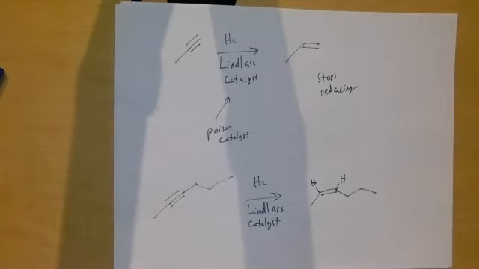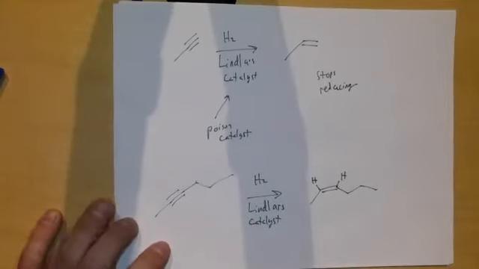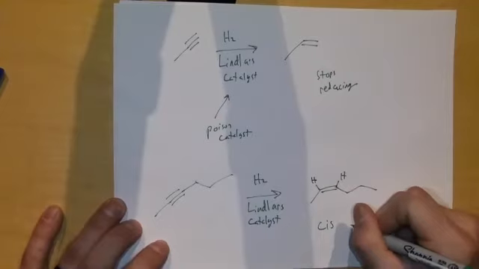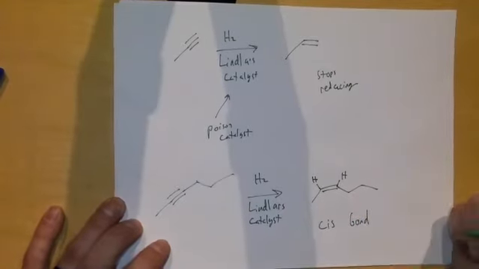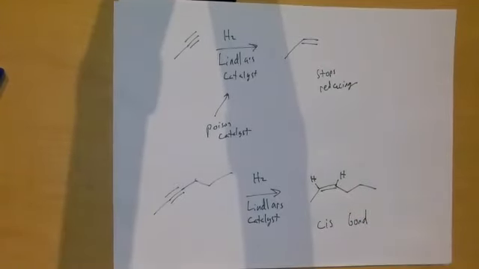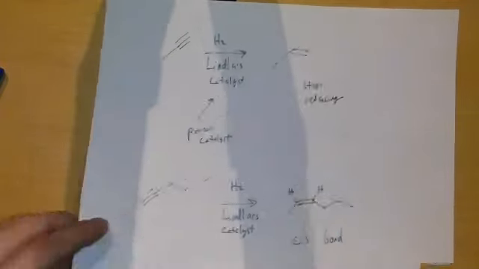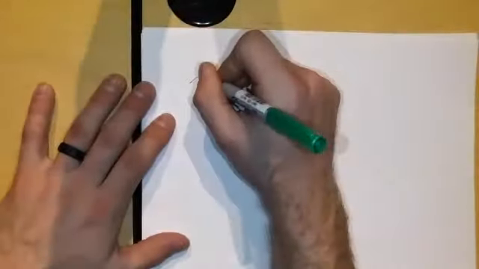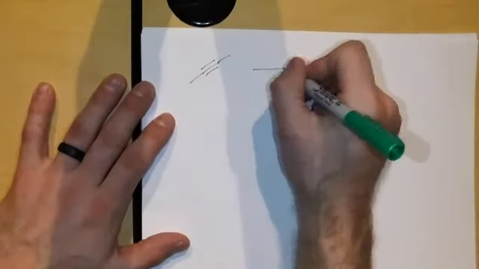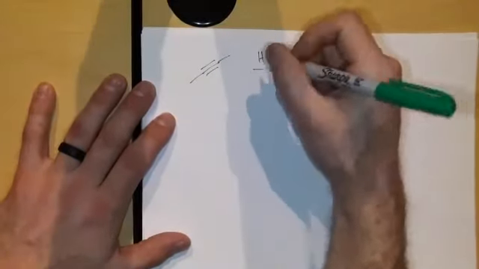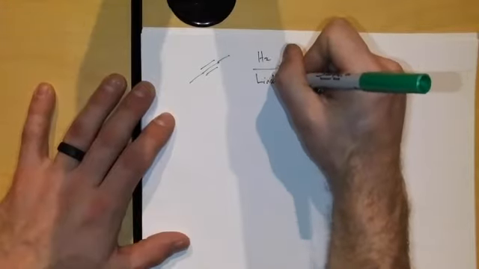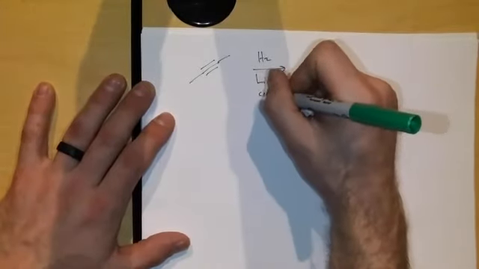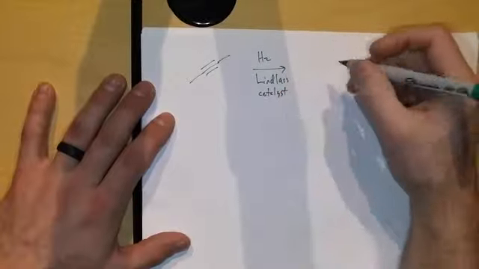So in terms of reductions, this is our way of making a cis bond. If we want to make a trans double bond, we need to use a different reagent, and that is one I'm actually going to go through the mechanism for. So I'm just going to redraw this real quick. Make it a little smaller. H2, Lindlar's catalyst.